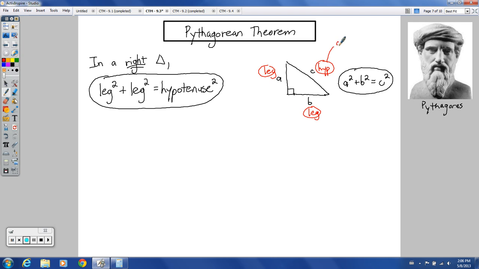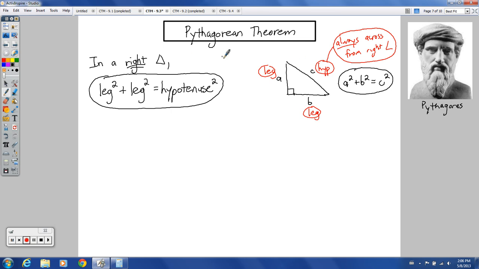So hypotenuse always is across from the right angle. It's also always going to be the longest side. So if you ever get a hypotenuse that's shorter than the two legs, you know you messed up your math somewhere.